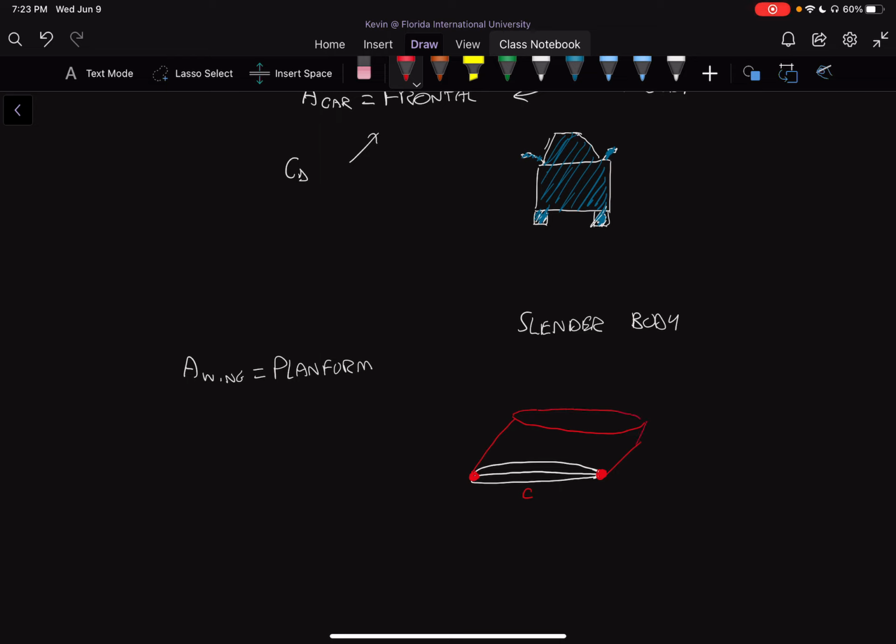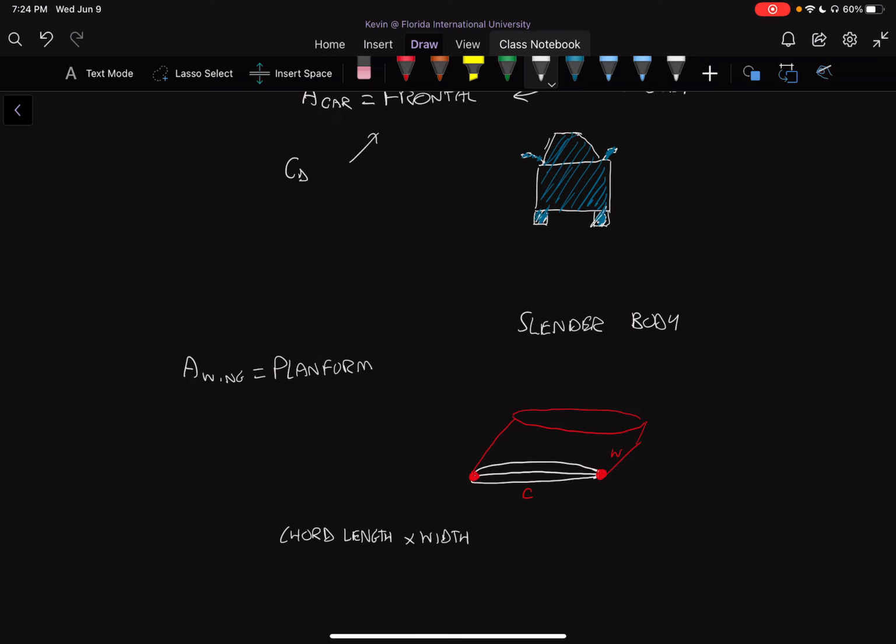If the wing has a certain width, then you would just multiply by the width W. So our planform area is essentially the chord length, which is usually labeled by C or L, multiplied by the width of the wing. And that would give you your planform area. It's the planar area that you would have if you looked at the wing from the top, essentially.